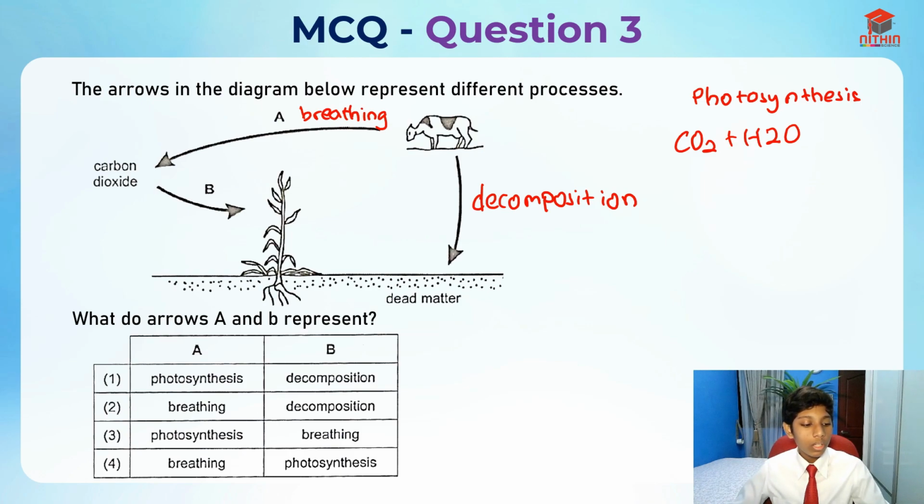Which will, in the presence of light, give us O2 and glucose. Okay? So we need CO2 in order for photosynthesis to occur. Alright? So I hope you understood that. Okay? So that's for photosynthesis. Oh yeah, I also forgot. You get oxygen plus glucose plus water as well. Okay?